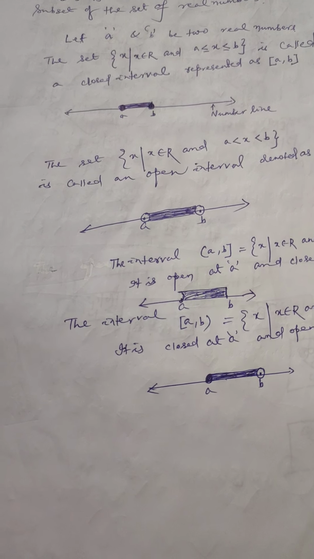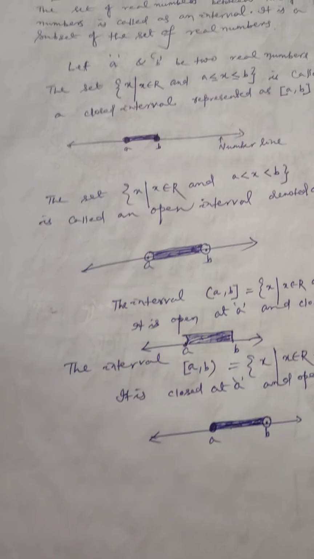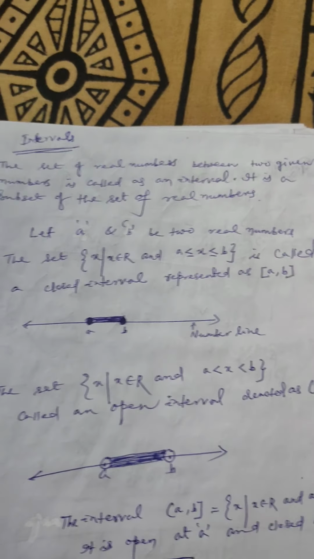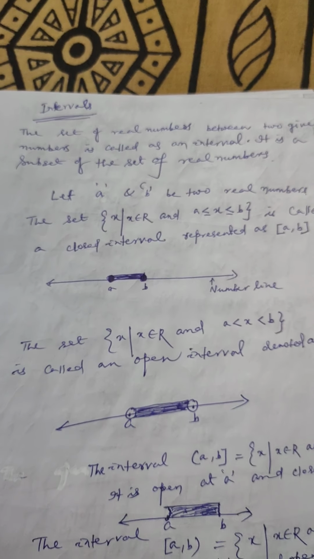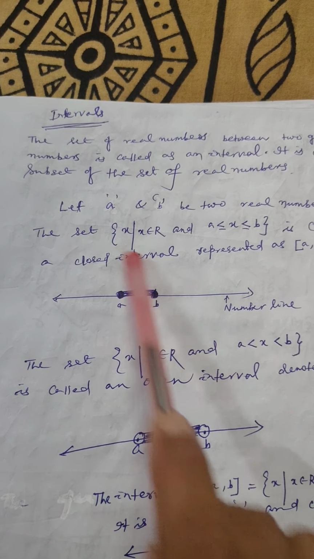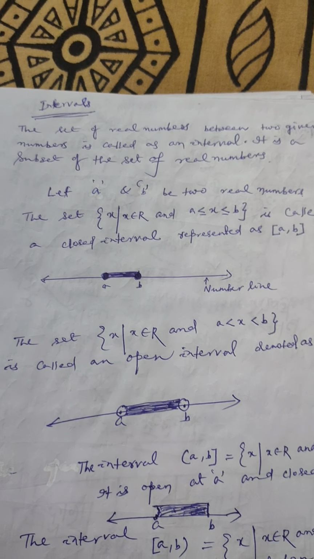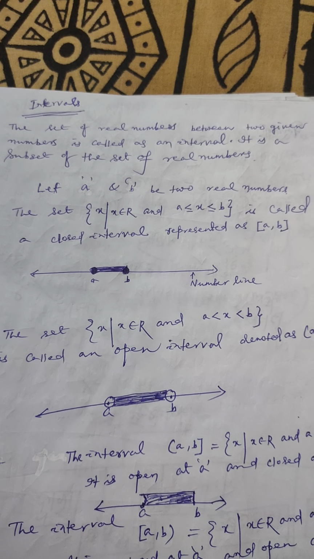Another type of sets are intervals. The set of real numbers between two given numbers is called an interval. It is a subset of the set of real numbers. Let a and b be two real numbers.